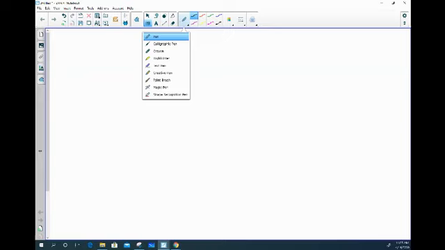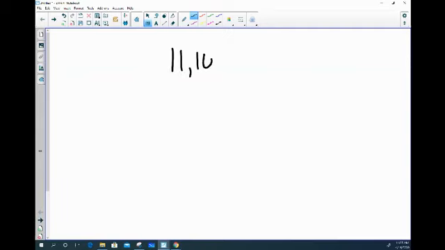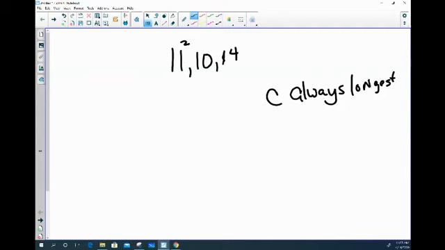Well, what happens if I'm given that the sides of a triangle are 11, 10, and 14? Well, simply stated, we know that C is always the longest leg. So that means I could square this number, and together those should equal that number squared.